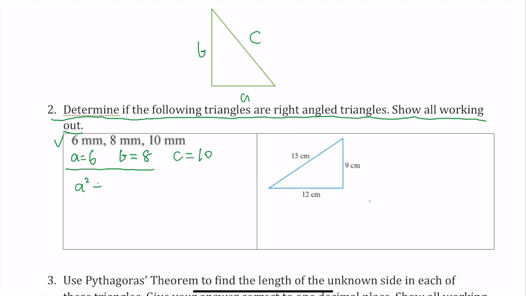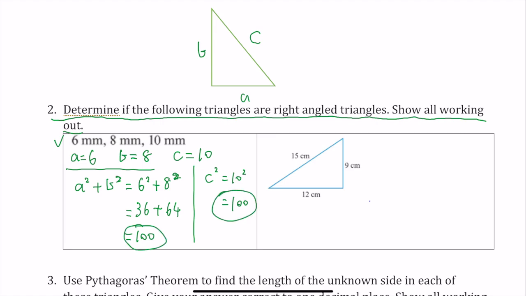A squared plus B squared equals 6 squared plus 8 squared, so equals 36 plus 64 equals 100. On the other side, C squared equals 10 squared equals 100. So these two are the same, which means this is the right angle.